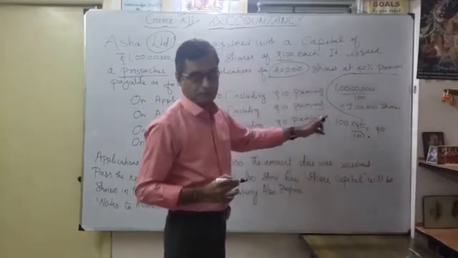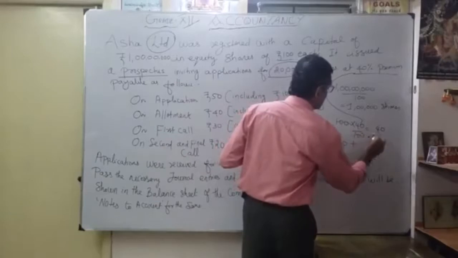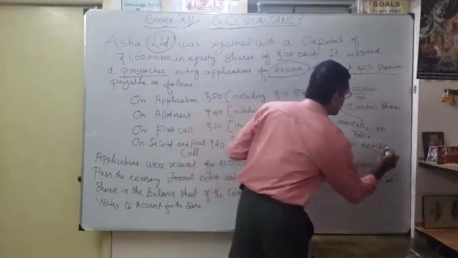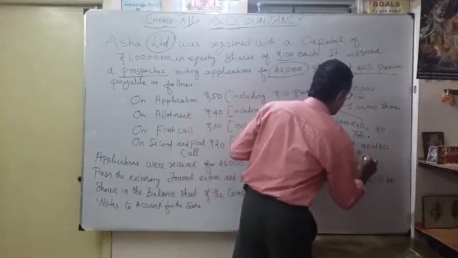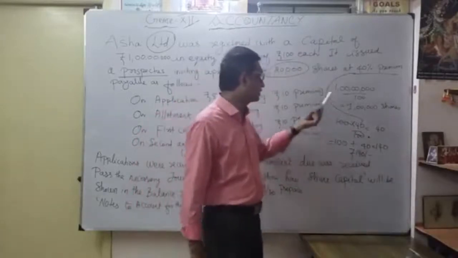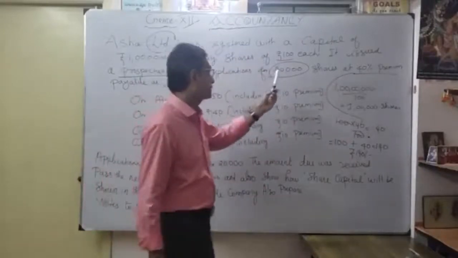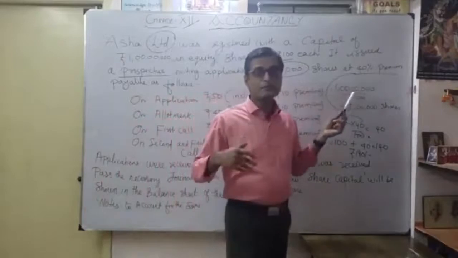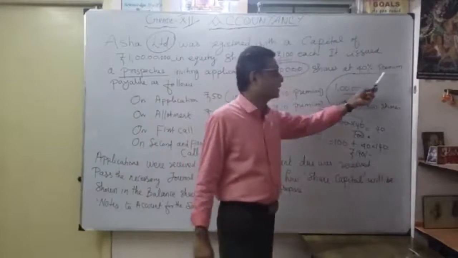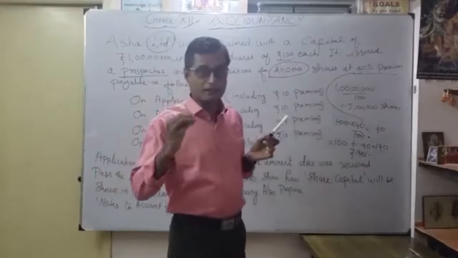So the total share value is 100 plus 40, which is 140. Shares at 40% premium, you understood? That is very important. A 100 rupee share at 40% premium becomes 140 rupees. That extra 40 rupees is called the premium.